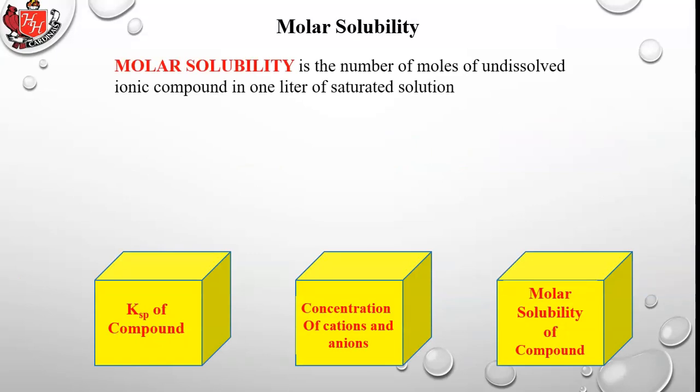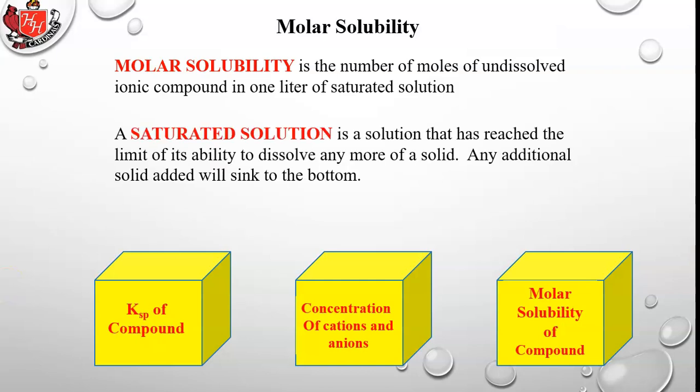So now we're going to introduce a concept called molar solubility. Molar solubility is the number of moles of the ionic compound, that would be the solid, that dissolve in 1 liter of solution. A saturated solution is a solution that has reached the limit of its ability to dissolve any more of a solid. Any additional solid added will sink to the bottom.